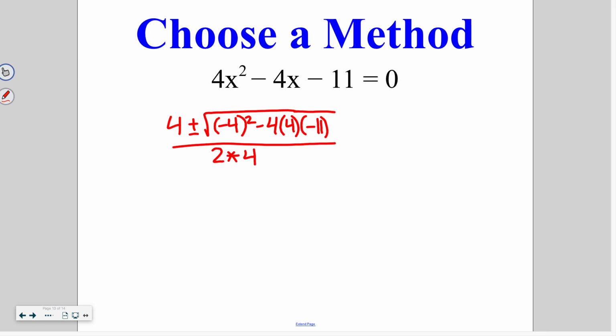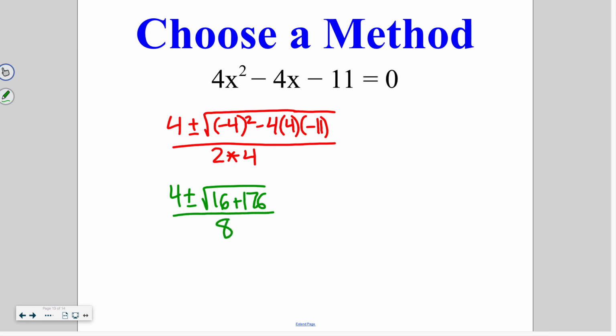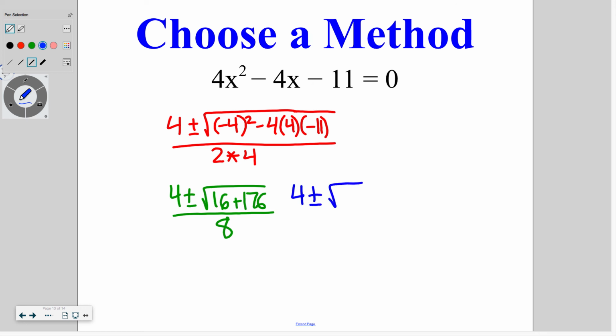Simplifying this down, I'm going to end up with 4 plus or minus the square root of 16 plus 176 all over 8, which continues to simplify to 4 plus or minus the square root of 192 all over 8.